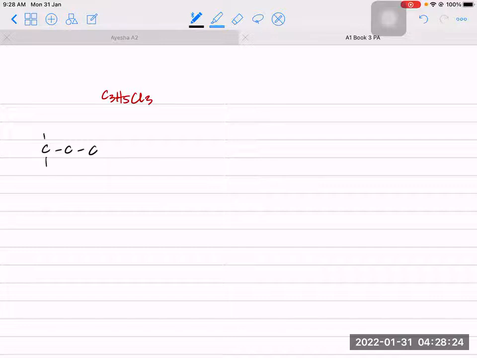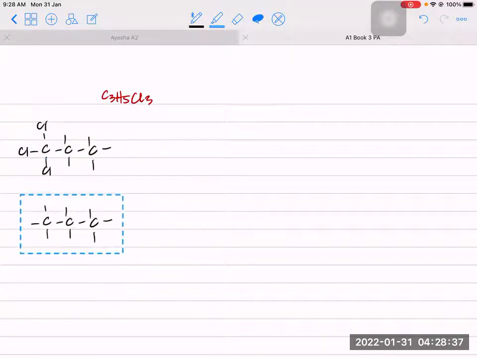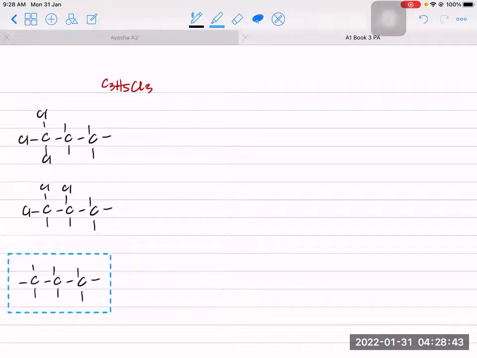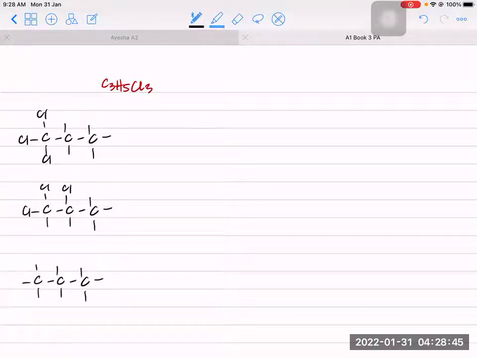So you have 3 carbons, so 3 Cls, you can put them all on carbon number 1. Yes? So this is what? 111 trichloropropane. Then what else can we have? 112 trichloropropane. What else can we have? 122 trichloropropane.